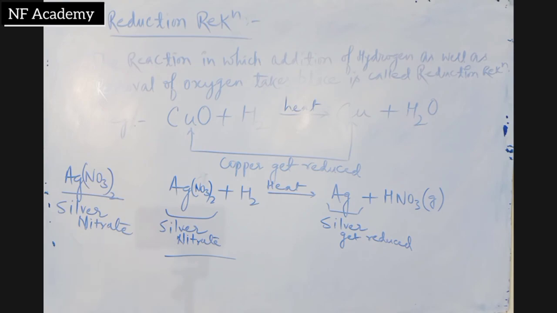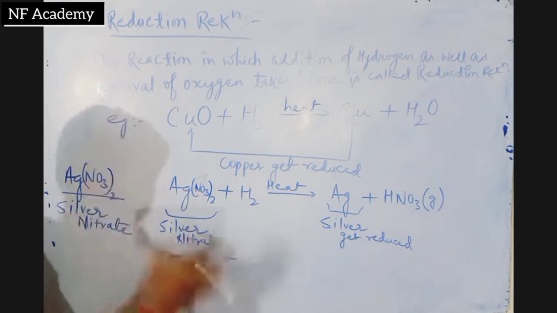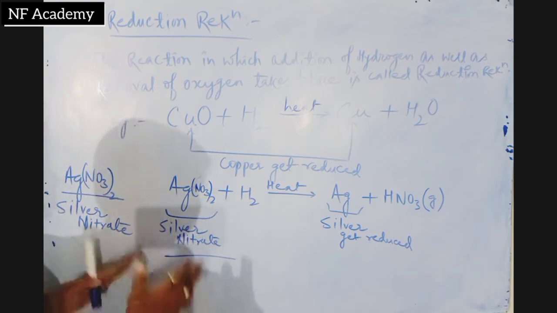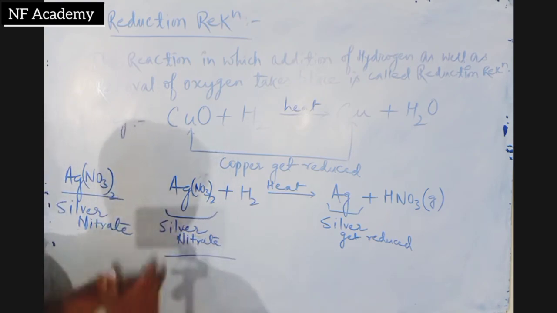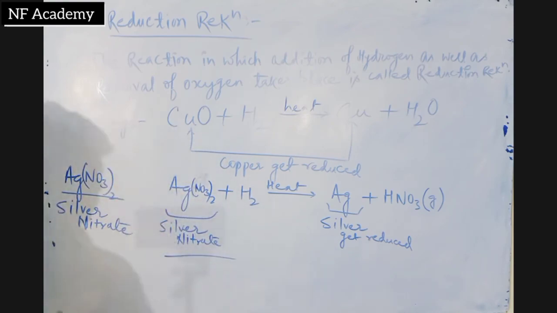It loses electrons and is oxidized in the chemical reaction. As we said before, the oxidizing agent gets reduced in the reaction; in the same way, the reducing agent gets oxidized in the chemical reaction.